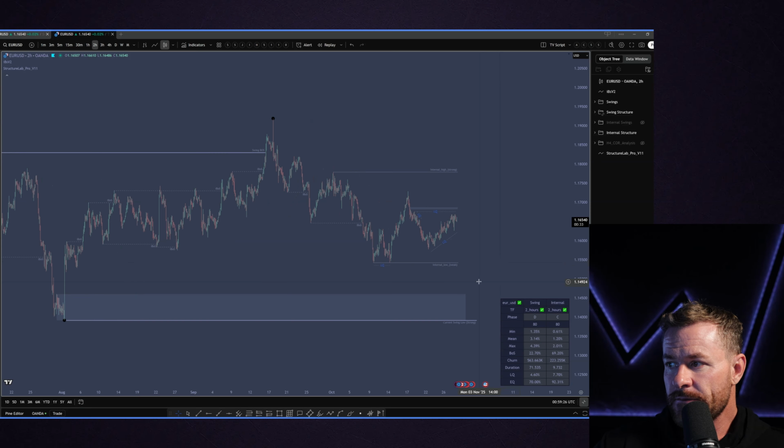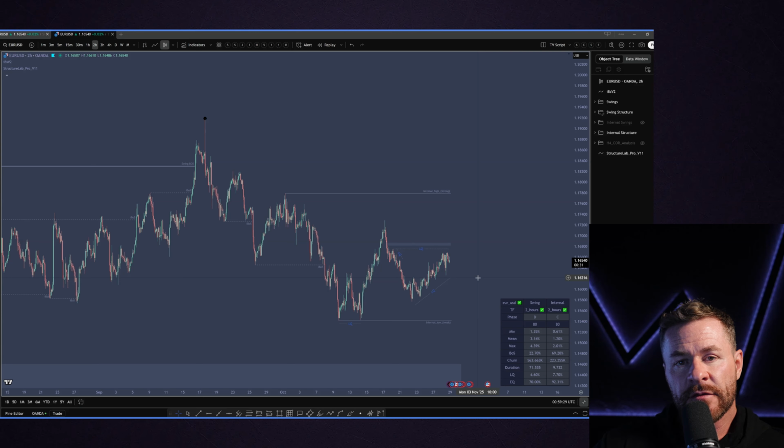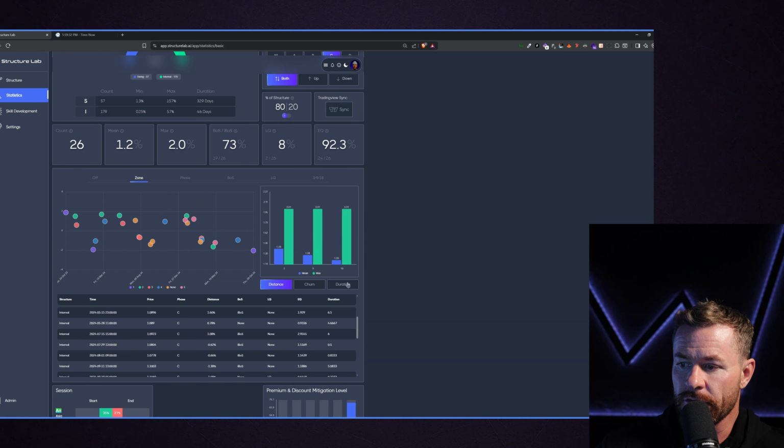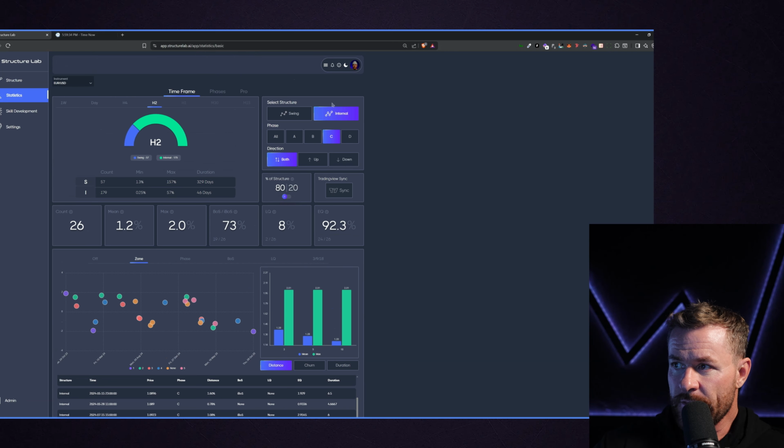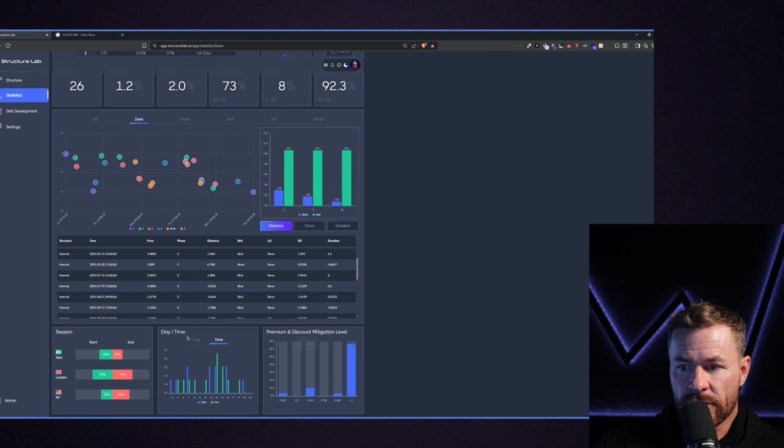Now, knowing that, what can we expect? Here's my forecast. I expect that sometime in the next 24 to 48 hours, and I'll show you how we can fine-tune that even further, for this type of internal structure, we can scroll down and we can see that the London session has the highest likelihood that this type of structure will start and end. Not a big surprise there since we're trading the Euro USD.